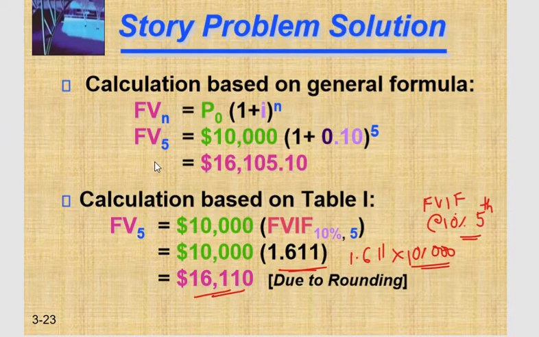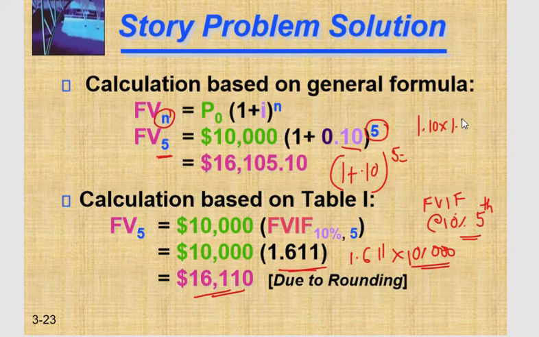If it is calculation based, n is 5, the number of years is 5, and the percentage is there. So (1 + 0.10) to the power 5 is equal to 1.10 into 1.1 into 1.1 into 1.1 into 1.1. 1, 2, 3, 4, 5.